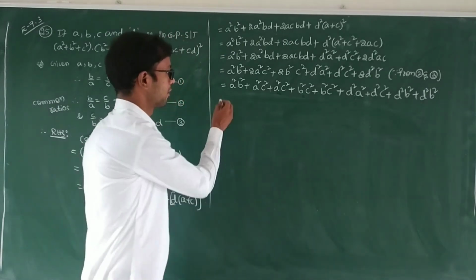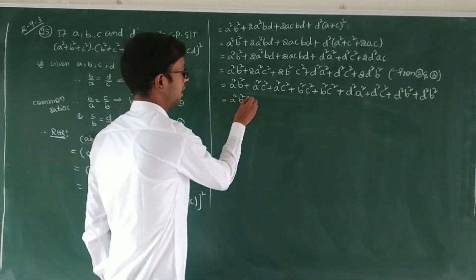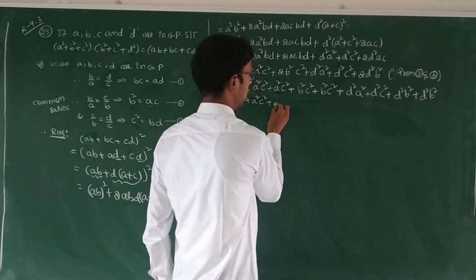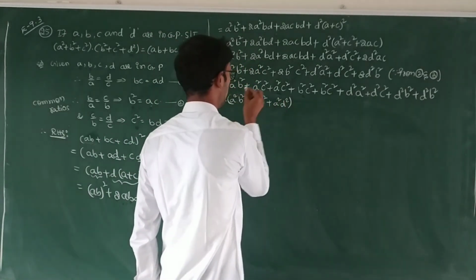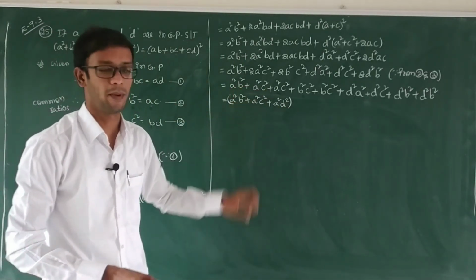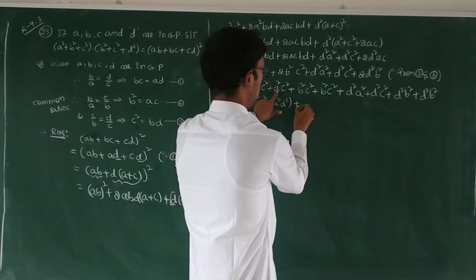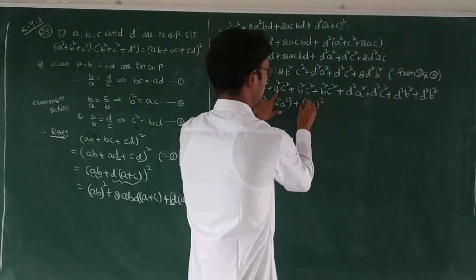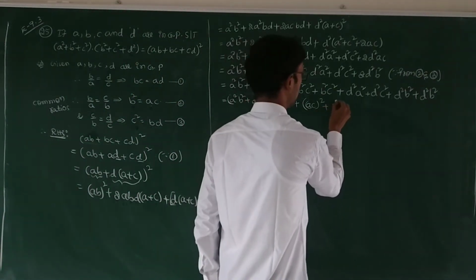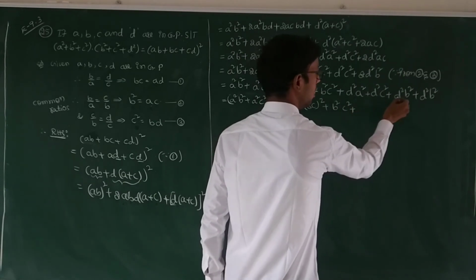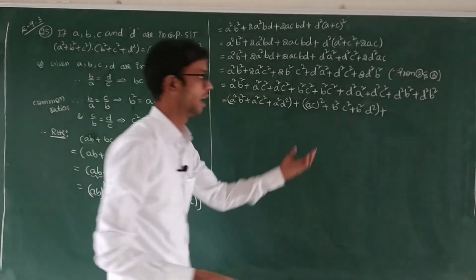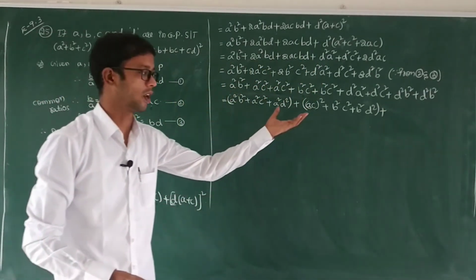Next step, I am writing A square B square plus A square C square plus A square D square as one term, a total of one, making three pairs here. Next step, one more A square C square is there. This one I am writing as AC whole square plus B square C square plus B square D square; these three as one triplet.